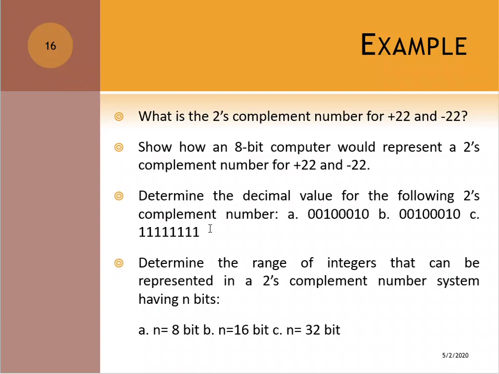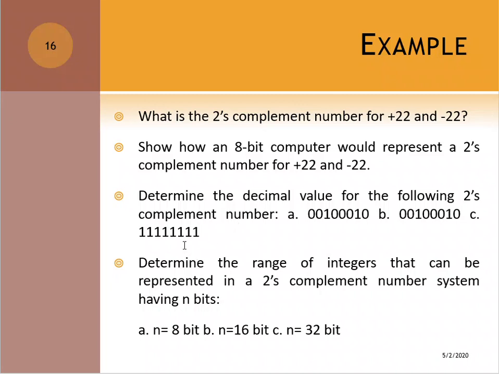What about C? If you look at the number given in C, the number starts with 1. That means the number is negative. But how can we get the decimal value? If the number given is in decimal, we convert it to binary, then we inverse, then we plus 1.